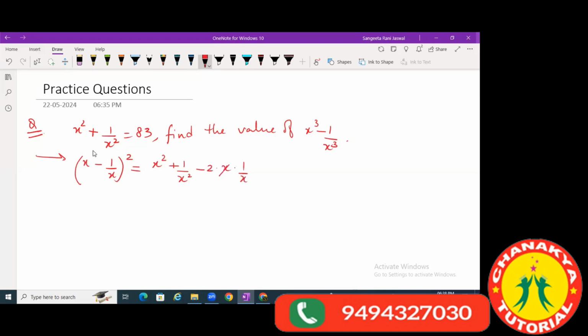So x into 1 by x will cancel, and we just have 2 here. The value of x square plus 1 by x square is given, so that's 83 minus 2, which is 81. So x minus 1 by x whole square is equal to 81, and 81 can also be written as 9 square.